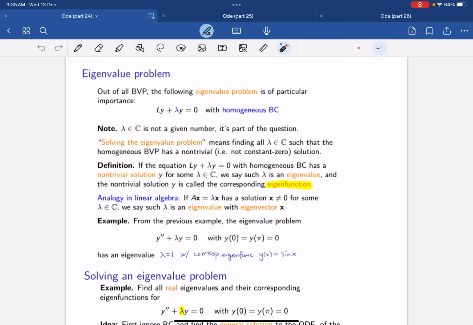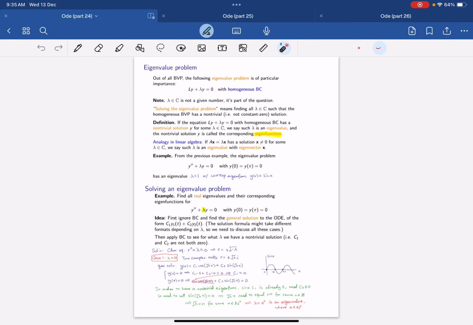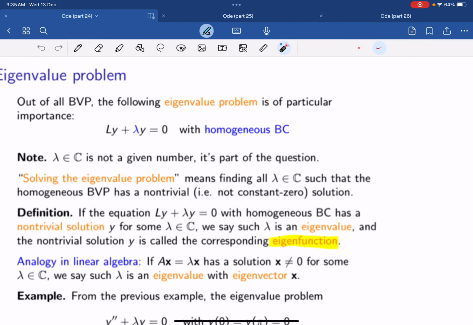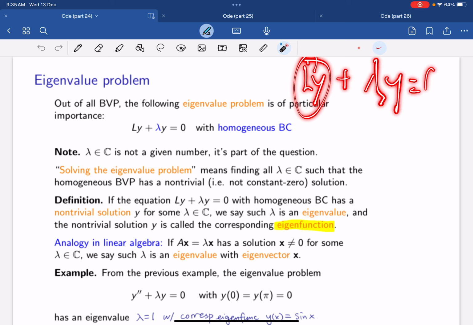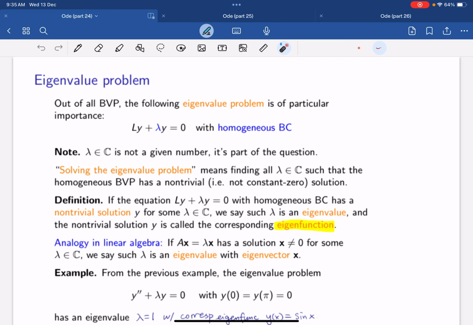So now we study one very particular important case of a boundary value problem, and that is known as the eigenvalue problem. We are given the linear operator L, so the differential equation plus lambda y equals 0.